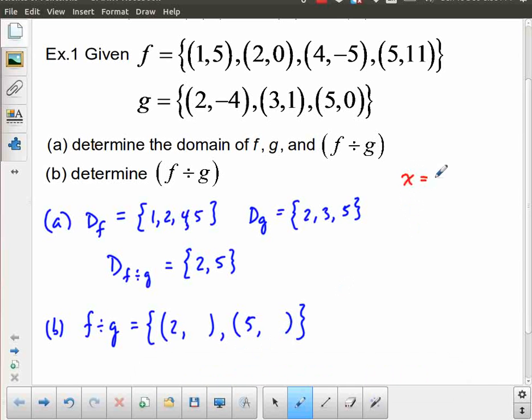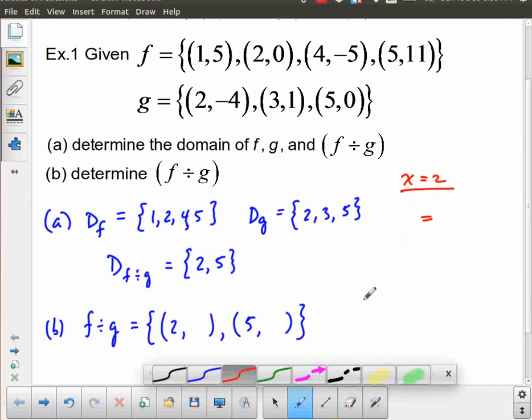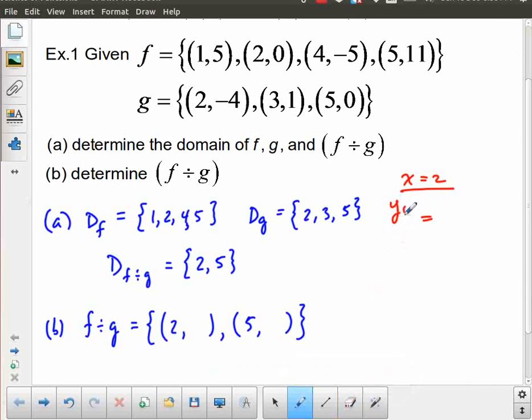But let's take a look at those two values. When x is equal to 2, f divided by g is going to be what? And when I say f divided by g, I mean the y value. I could say the y value of f divided by the y value of g when x equals 2.